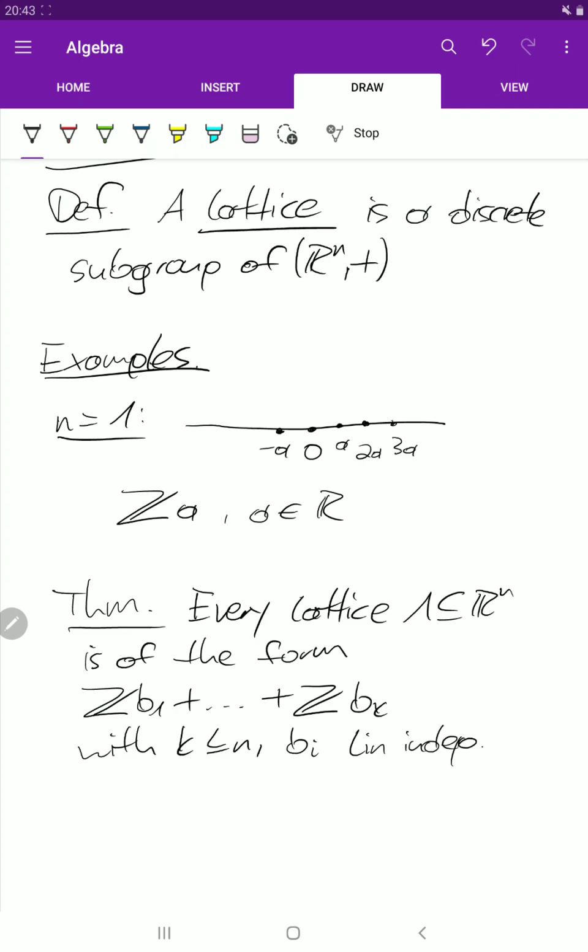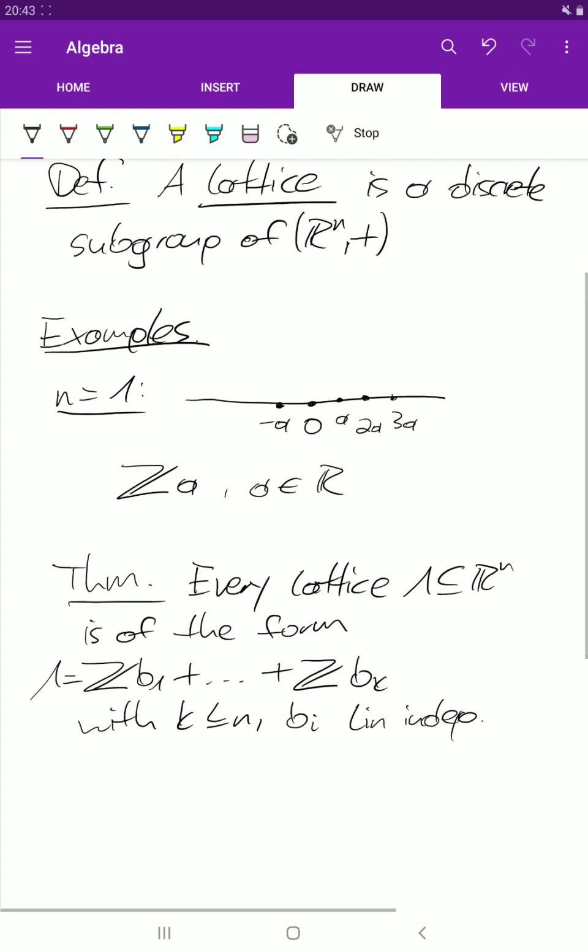And so that's lambda. And these bi we will call the basis of the lattice, but we'll prove that later.